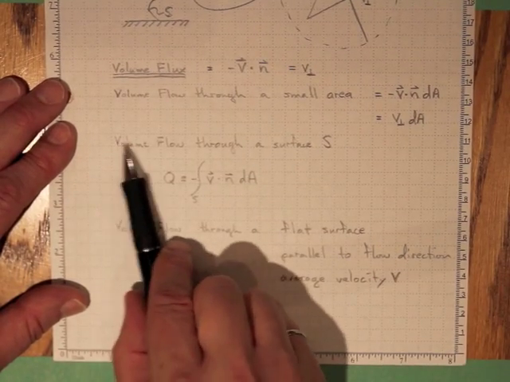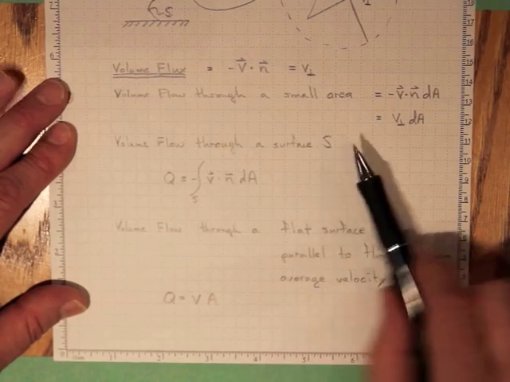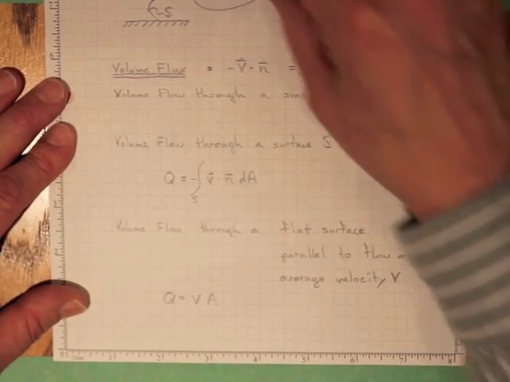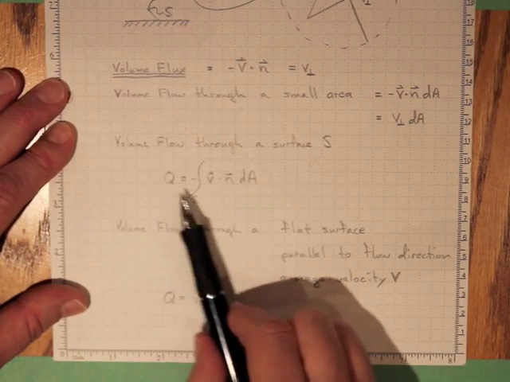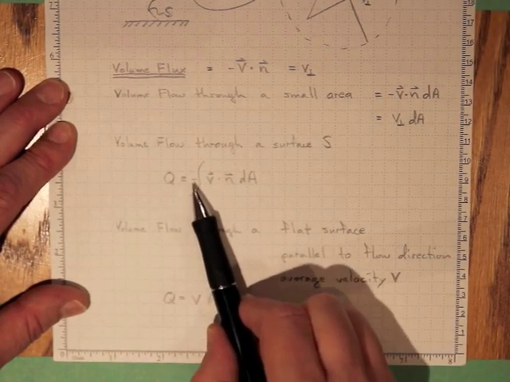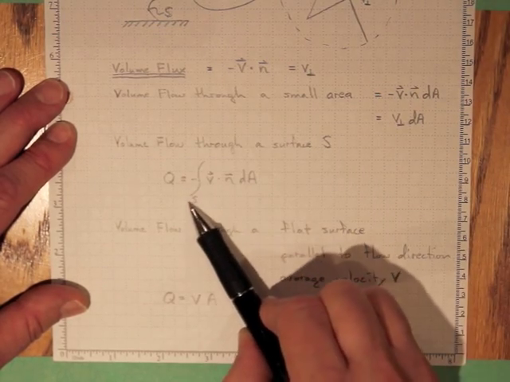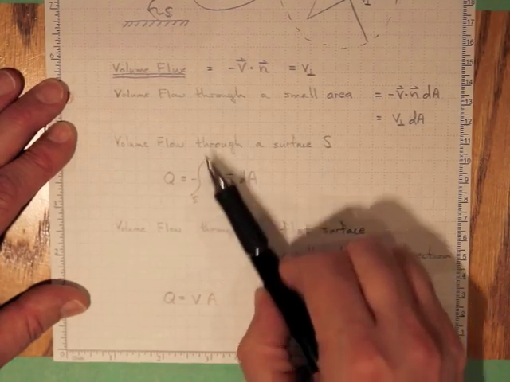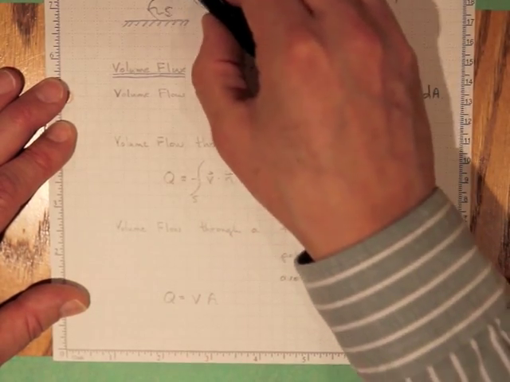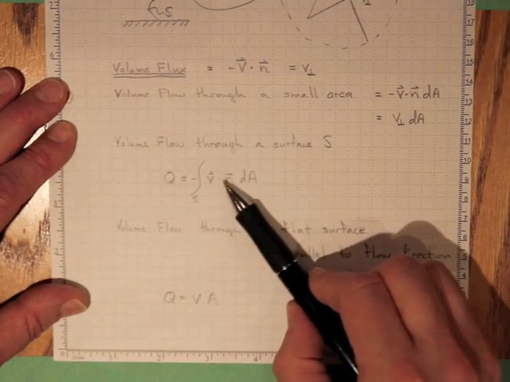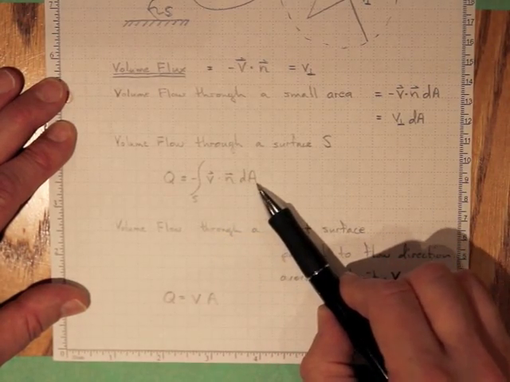So if we want the volume flow through the whole surface S, then that volume flow has to be equal to negative, the integral over the whole surface of V dot n dA.